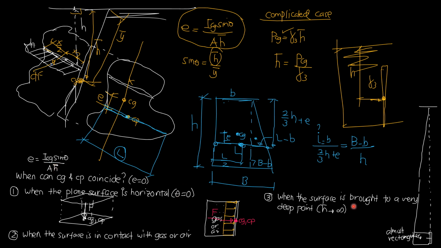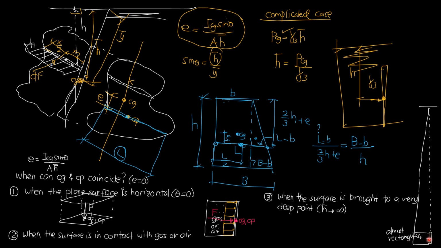So when the surface is brought to a very deep point, and barred H approaches infinity, that's another case where E is 0 or where CG and CP coincide. This is just a demonstration, but of course barred H here is not approaching infinity. For example, the height of this plane surface is 1 meter, then this will only be 10 meters. 10 meters plus 0.5, 10.5. It's not infinity.